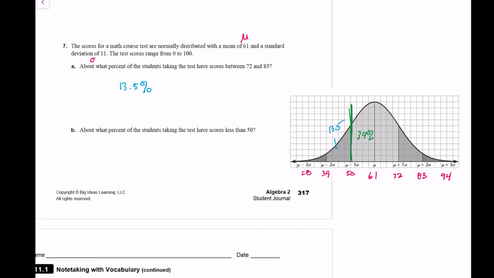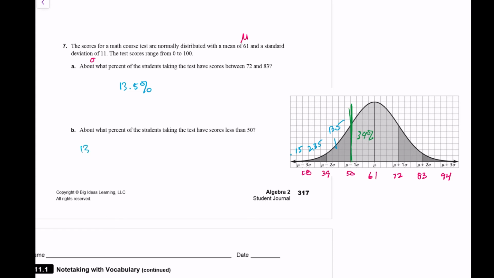Between -2 and -3 standard deviations, that's a total of 2.35. And then everything less than 28, a score of 28, is 0.15 percent.